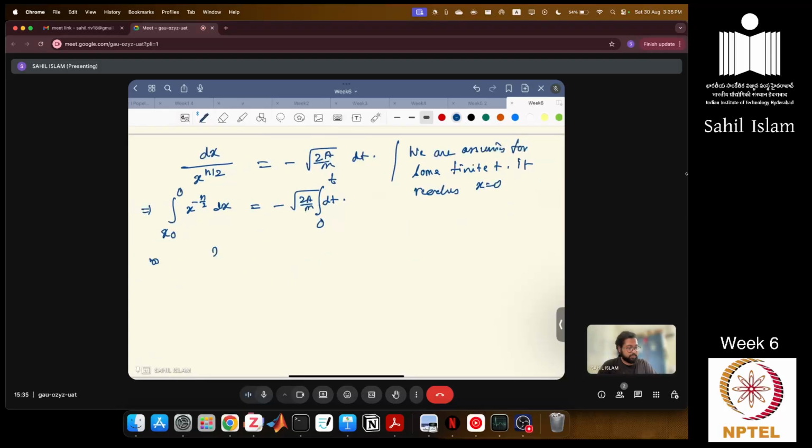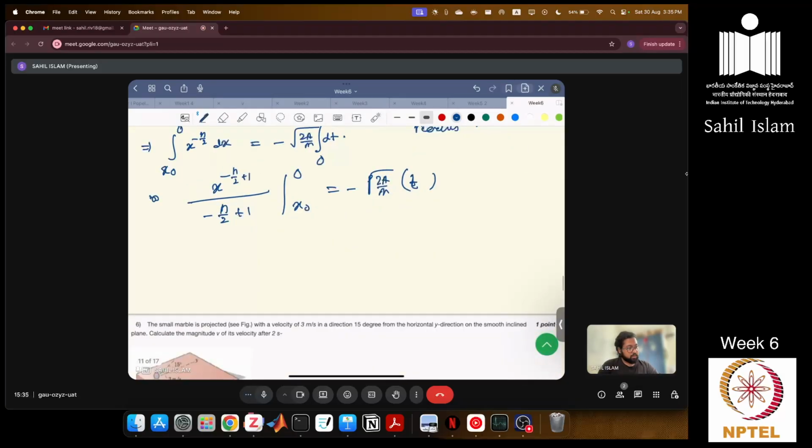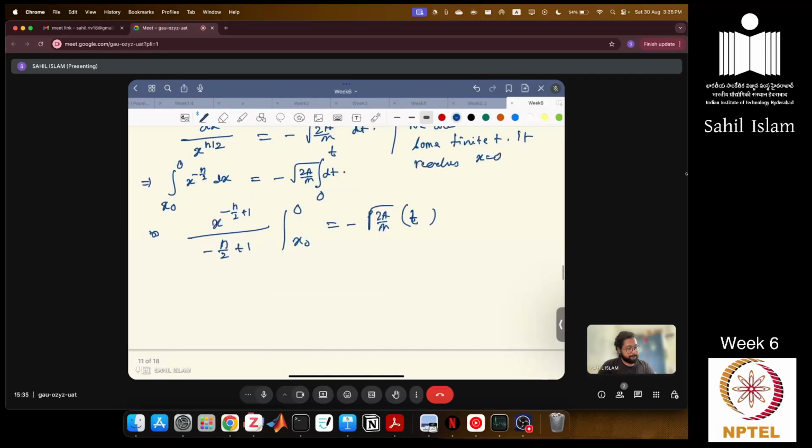So the integration gives x to the power minus n by 2 plus 1 by minus n by 2 plus 1, x0 to 0, and minus root 2a by m t. So 1 by 1 minus n by 2 times 0 minus x0 to the power minus n by 2 plus 1, minus root 2a by m t.